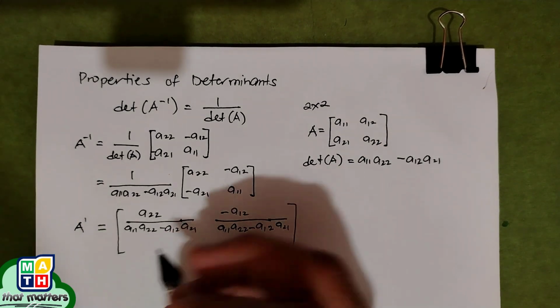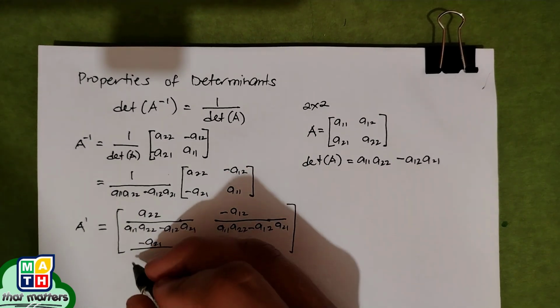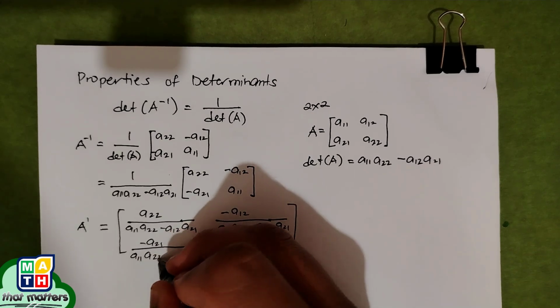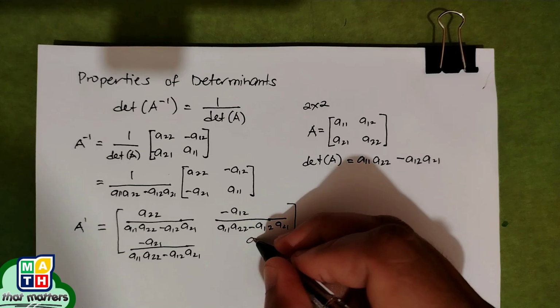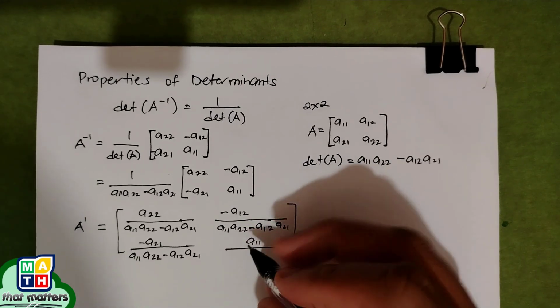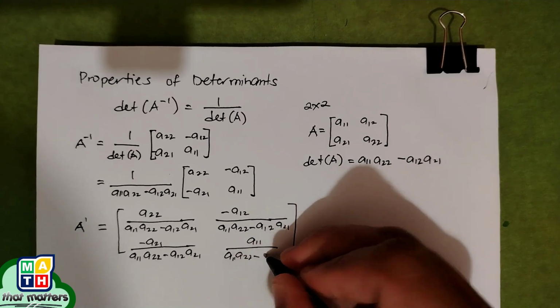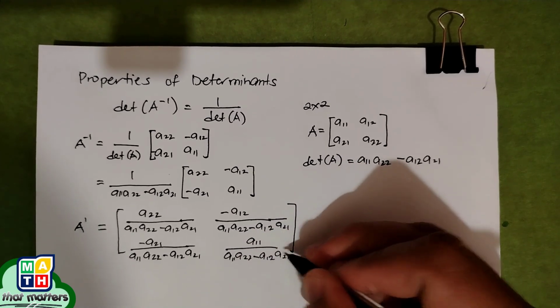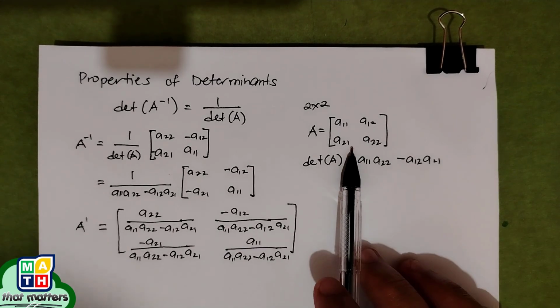Of course, for your next row, you have minus A21 over A11 A22 minus A12 A21. And finally, you have A11 over A11 A22 minus A12 A21. This is the inverse of matrix A.